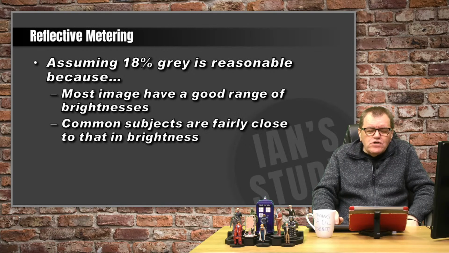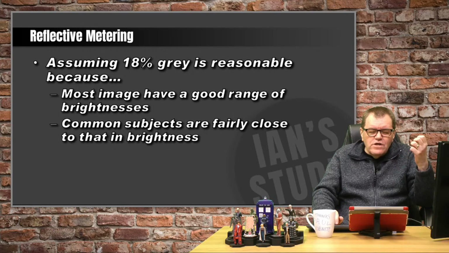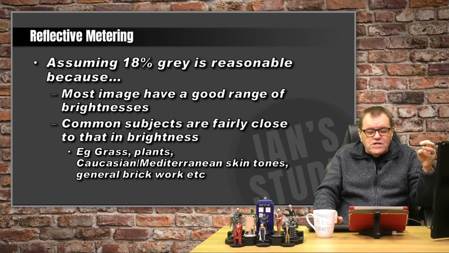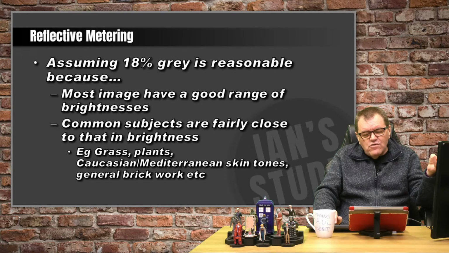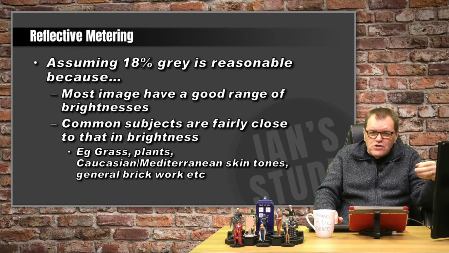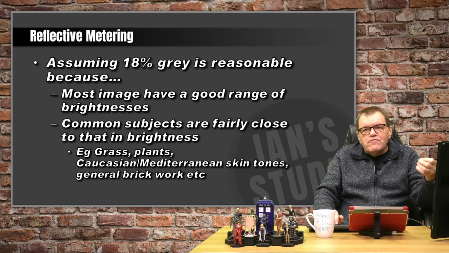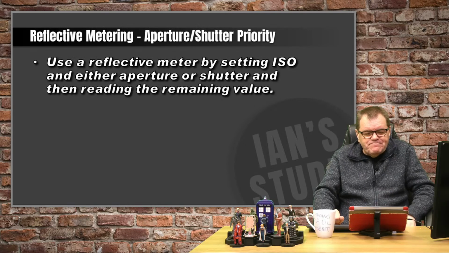It's also a common brightness for common subjects. So a lot of common items are quite close to mid-grey. So grass, plants, Caucasian or Mediterranean skin tones, general brickwork, etc. So it's a fair assumption that if we assume that, you're not going to be too far off the case.